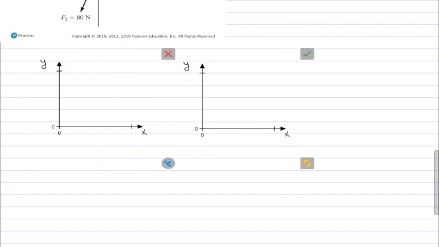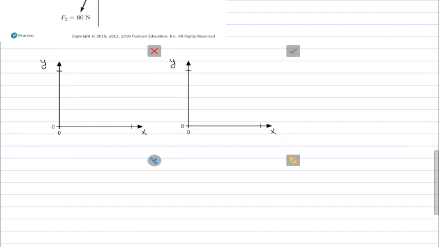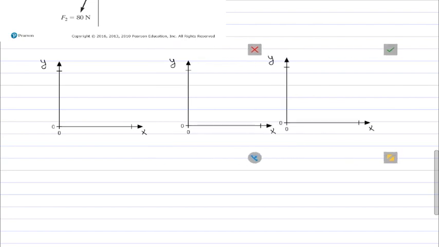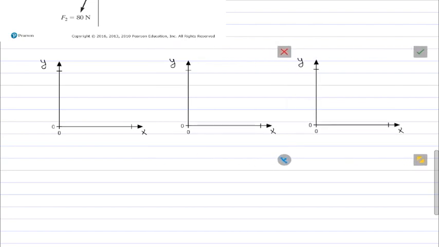So essentially, I have the same reference axis, x and y, and I'm going to replicate the same axis 3 times. And in each of these, I'm going to draw these vectors by themselves.